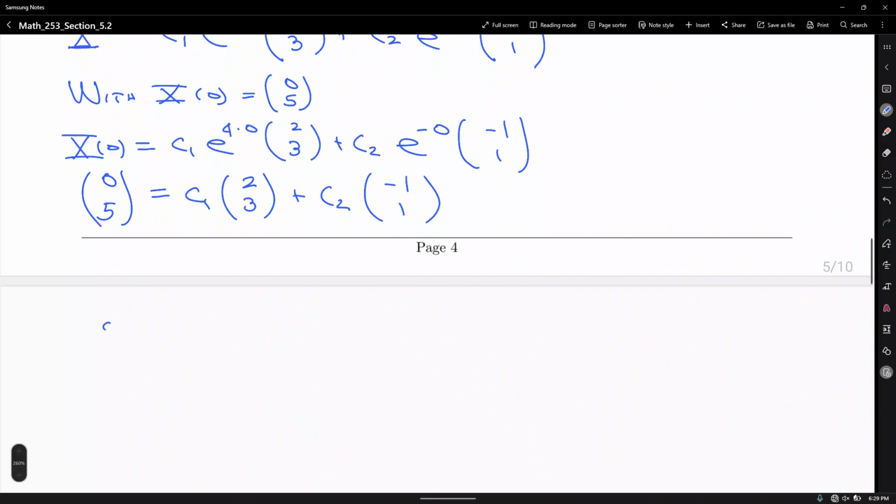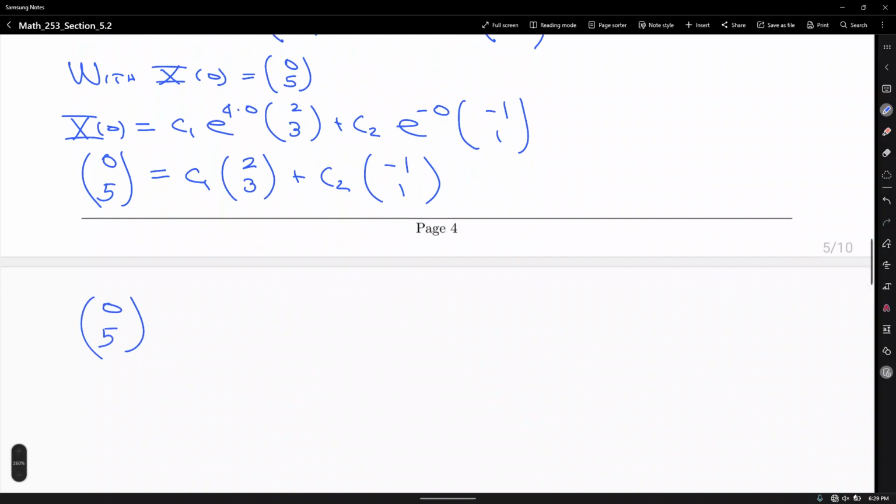Combine this together, 0, 5. It's 2C1 minus C2 in the first row, and 3C1 plus C2 in the second row.